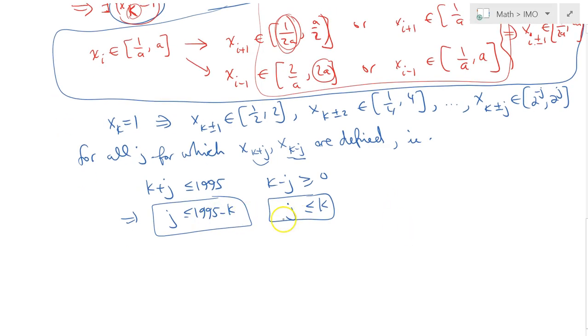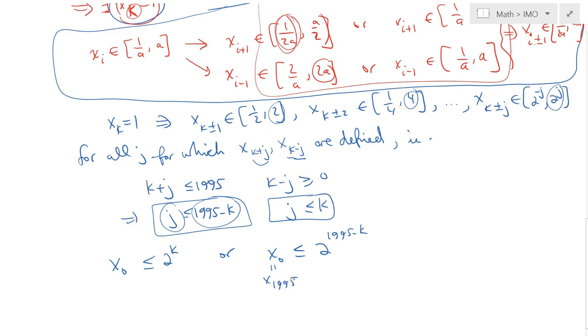So combining these two, these are the two extreme values that j can take. So if we pick those two extreme values for x sub 0, because eventually I need to maximize it, x sub 0 is either less than or equal to 2 to the power k, or x sub 0 is less than or equal to 2 to the power j, where j can be as high as 1995 minus k, and obviously we want to end up at 1995.